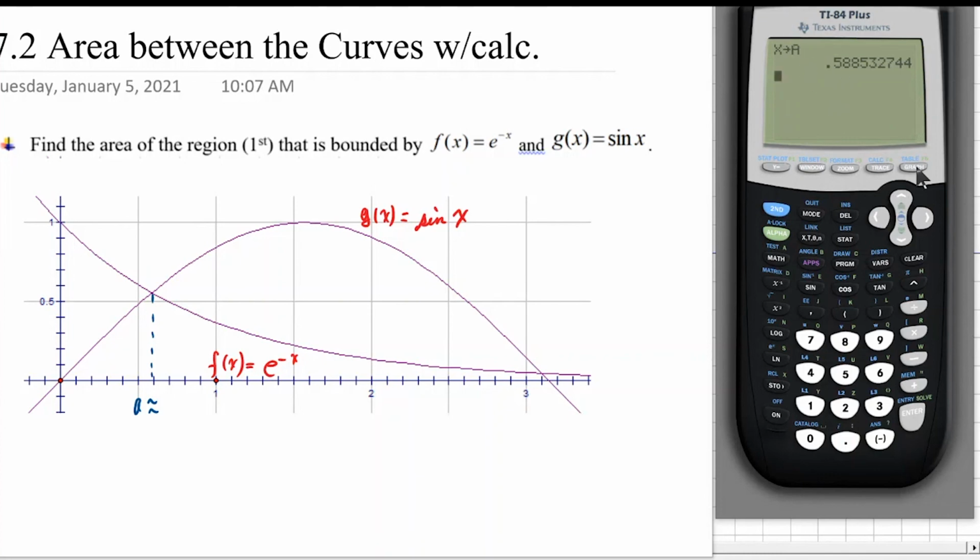Now, likewise, let's find the other intersection. So right there, that one. Okay, so second, calculate, and intersect. Okay, first curve, yes, and second curve, yes. And in case you didn't know before, instead of scrolling all the way there, you can actually use the keypad to take a guess. How about that, huh?